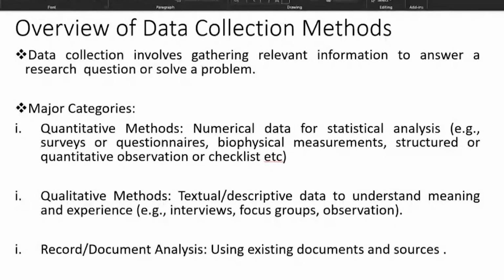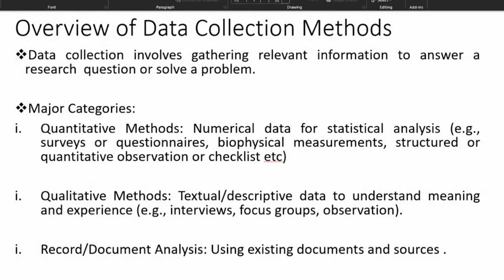So we need not collect such kind of information. For data collection, let's say your questionnaire, you should know what to include, so that you capture and collect the information that is relevant to your research question or to solve the problem.